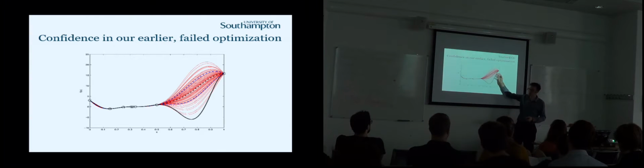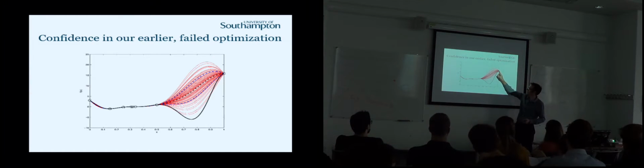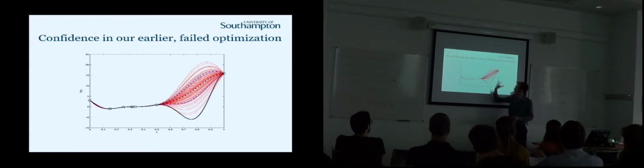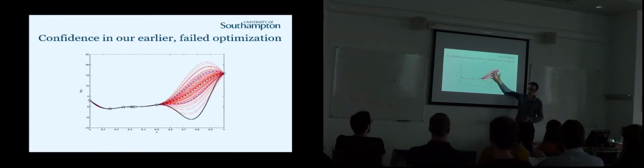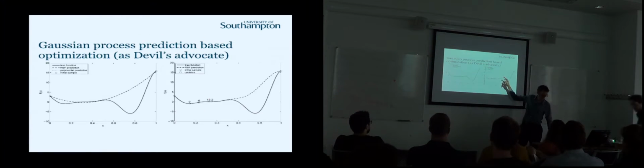So what we've done is we've said, well, we think the function is going to be smooth, and then we've conditioned this posterior here on these data, but we do know that there is this probability that the function could take another value. All we've shown in the previous plot is the mean, and that's not the true story.